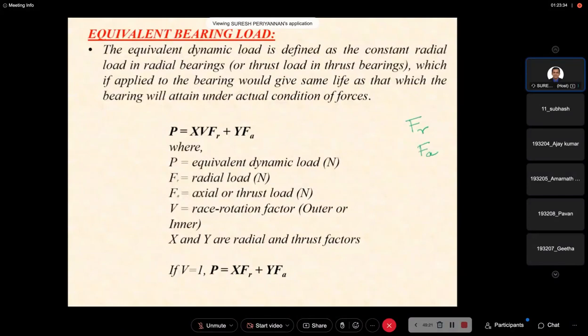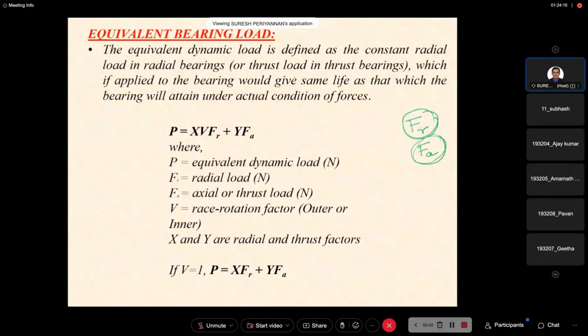These two components are converted into a single hypothetical load, because when we are going to find the dynamic load, the radial component and axial component will be converted into a single hypothetical load. That hypothetical load must fulfill our dynamic load carrying capacity.